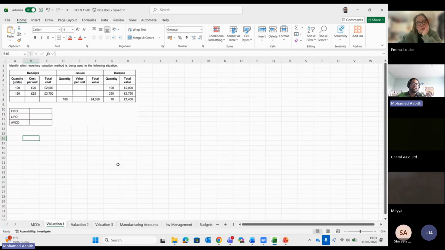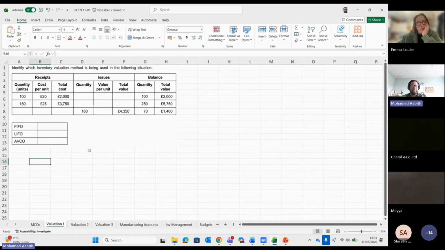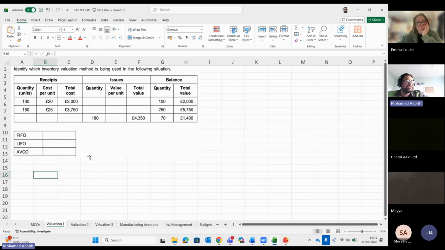So now let's look at some questions. Identify which inventory valuation method is being used in the following situation. Whenever you get a question, I always ask myself, did they ask you to do the calculation? No, they only want to know what method has been used. Initially, they have 100 units at 20 pounds a unit, altogether 2,000.